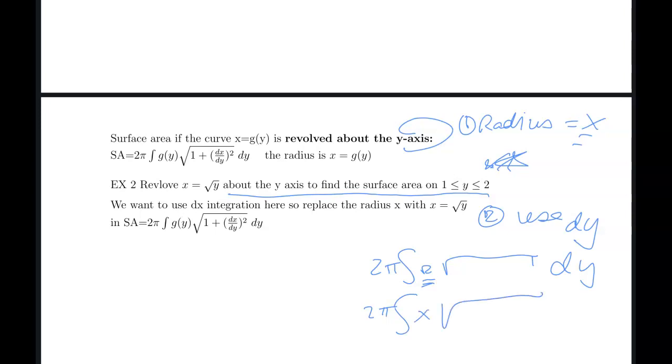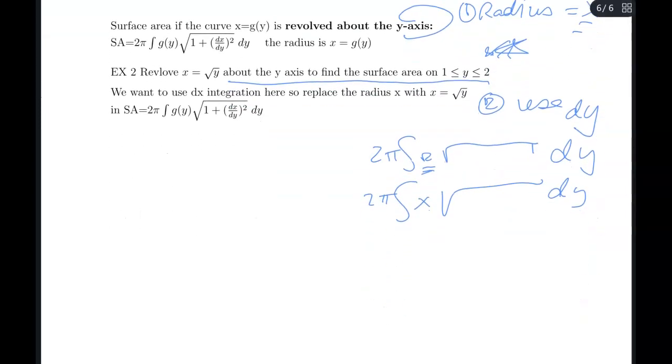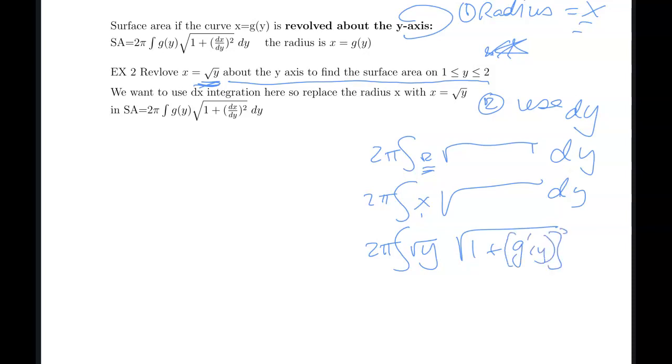Can't keep an x in there, so I replace x with what it's equal to. So 2 pi root y, and then I'm going to take the derivative, so g prime of y, square it, times dy. Hopefully that helps to know what to do when.